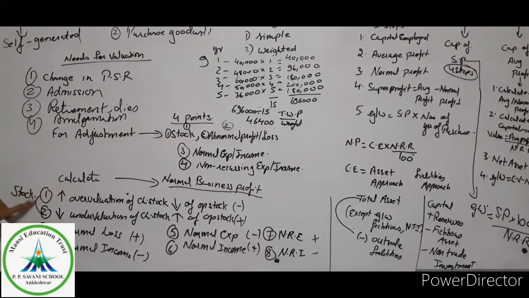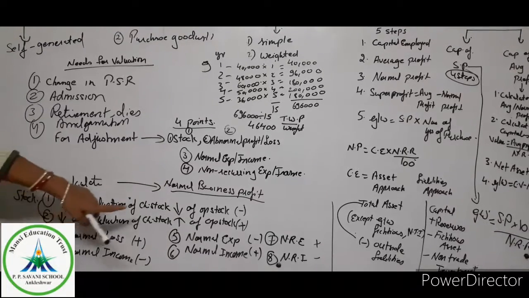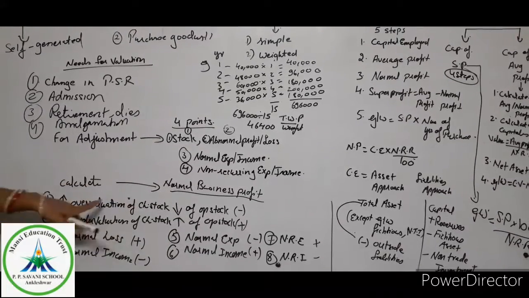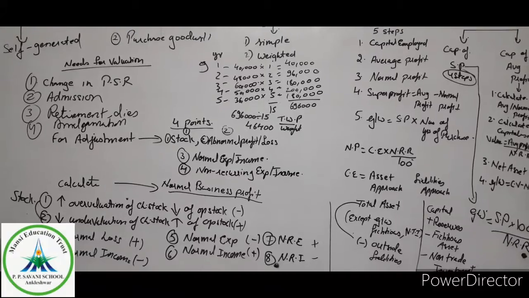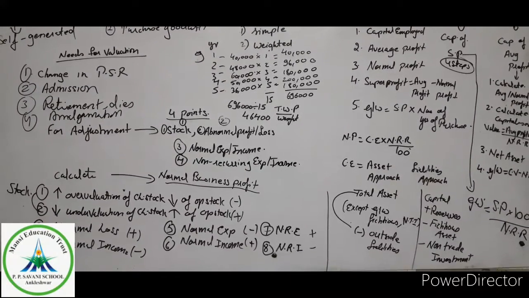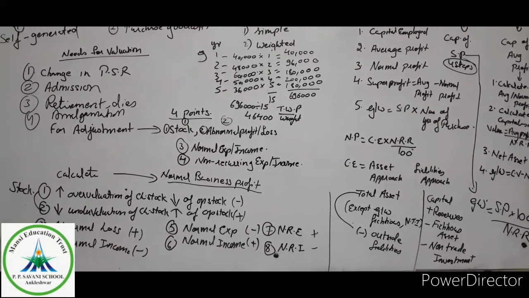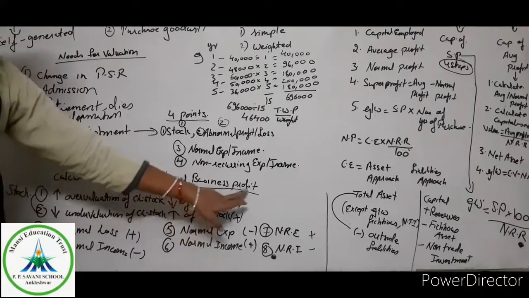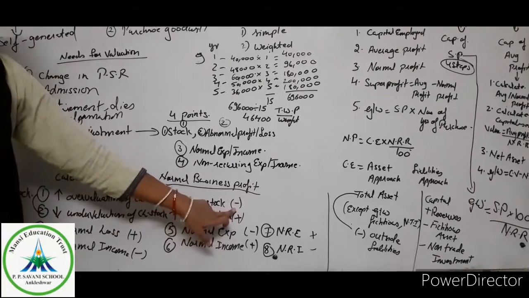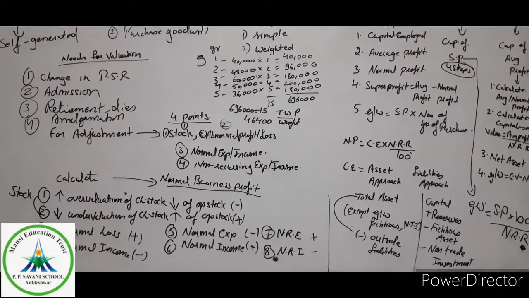You can easily do it, like overvaluation of closing stock. What is happening here? Overvaluation of closing stock, gross profit is shown higher, net profit is shown higher. So in order to get the normal business profit, you have to deduct it. Similarly, the opposite for undervaluation of closing stock.